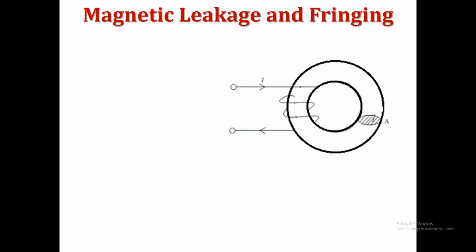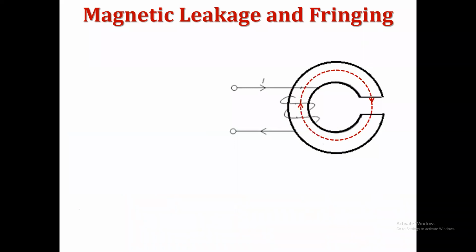Now, to discuss magnetic fringing, we assume a saw cut made in that ring, so that a small air gap is formed. When current flows through the coil, the magnetic field is set up, and this is the expected path of the magnetic field.